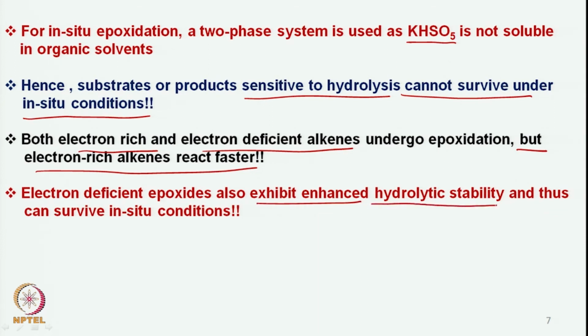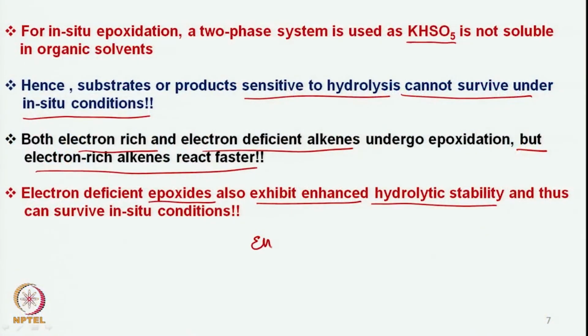That means although the electron deficient alkenes would undergo epoxidation somewhat slower than electron rich alkenes, the products formed with electron deficient substituents, the corresponding epoxide, would obviously not undergo easy hydrolysis.